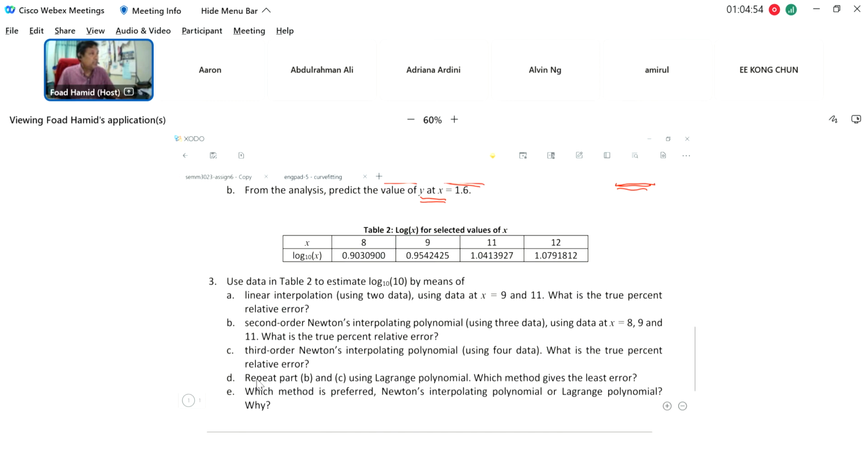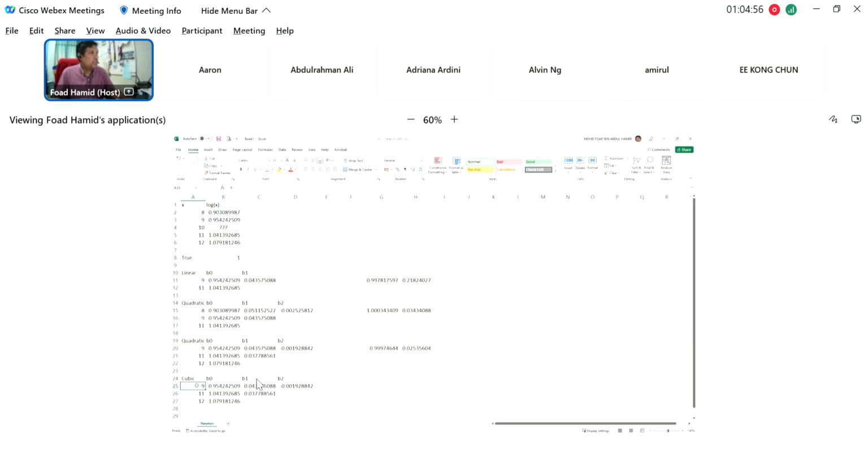So now what we are going to use here is 8, 9, 11, and 12. Note that because this is cubic, there are 4 data points, which means we have one more parameter, which is B3. We already know B0, B1, B2, and we need to find B3.